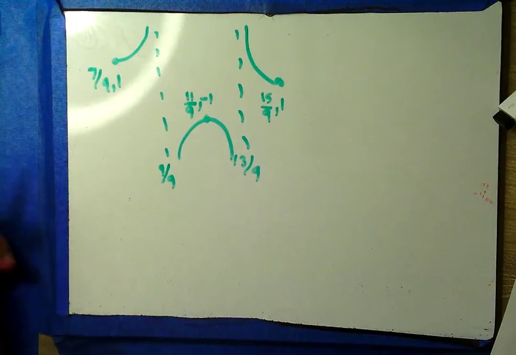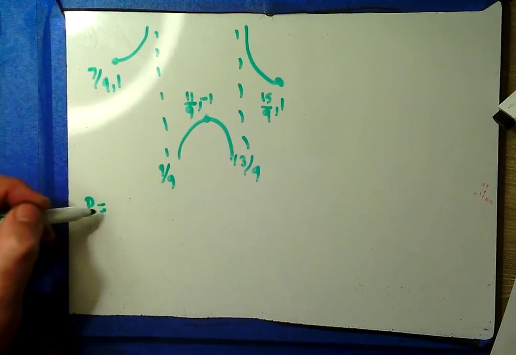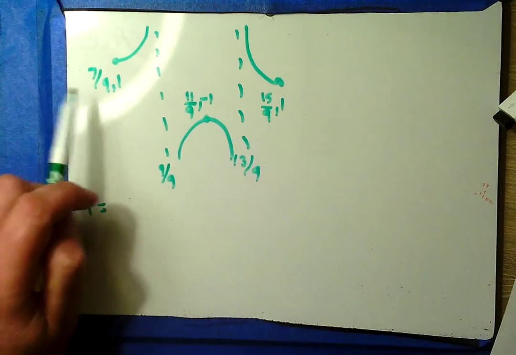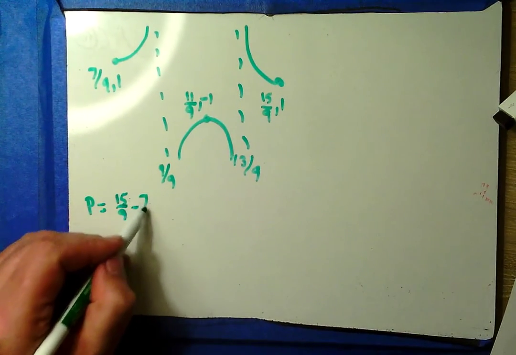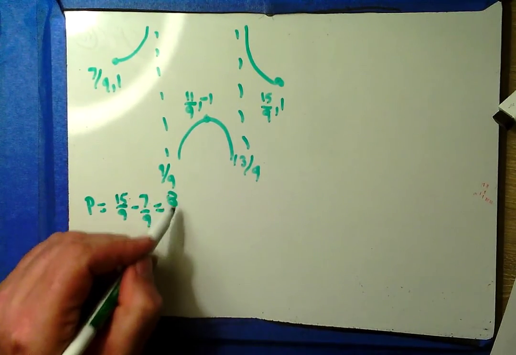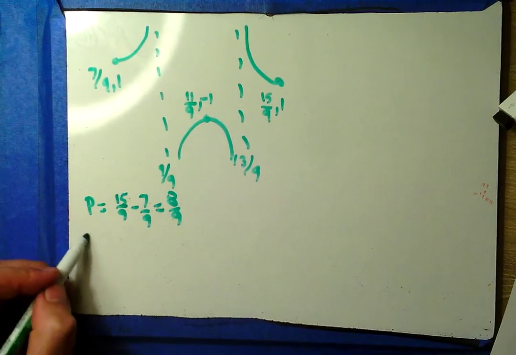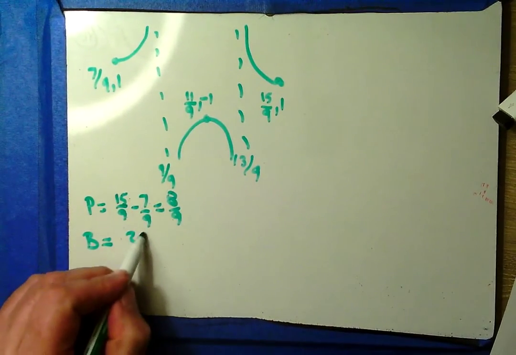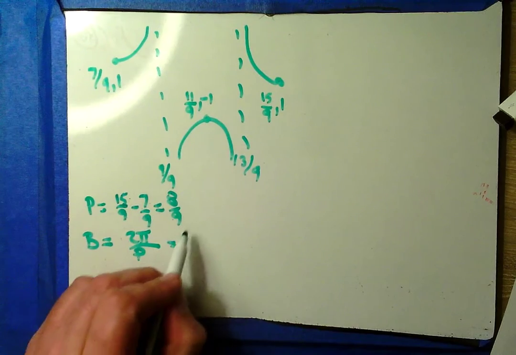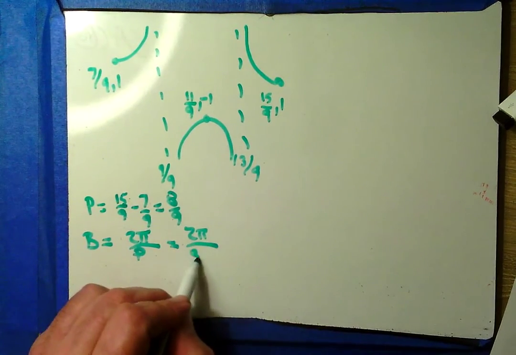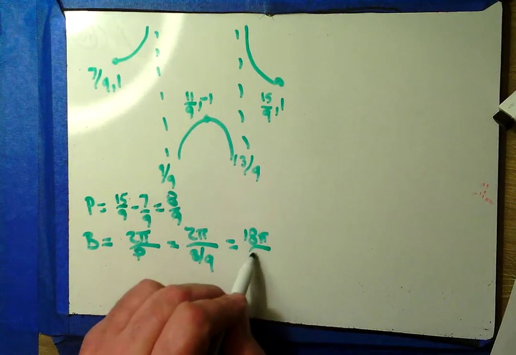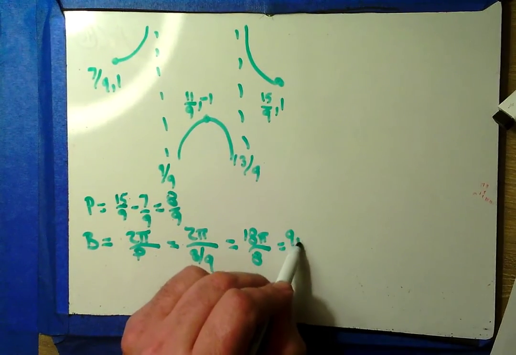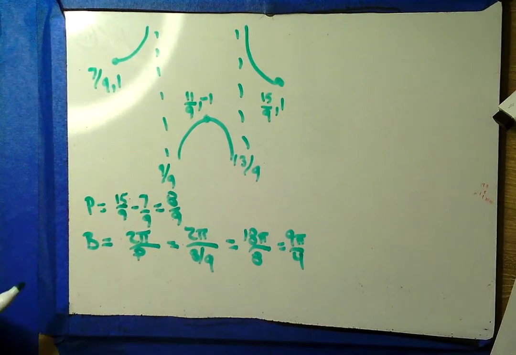Okay, again, let's think about our period. Period is ending x minus starting x. 15/9 minus 7/9 equals 8/9. And therefore our b value, 2 pi over the period, will be 2 pi over 8/9, or 18 pi over 8, which reduces to 9 pi over 4.